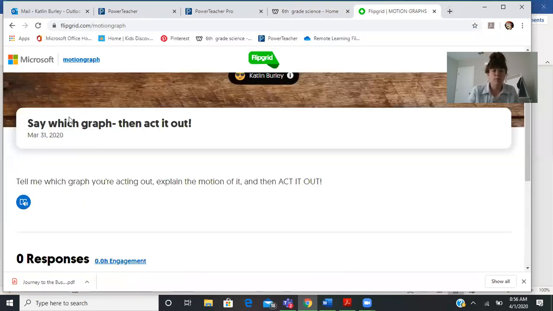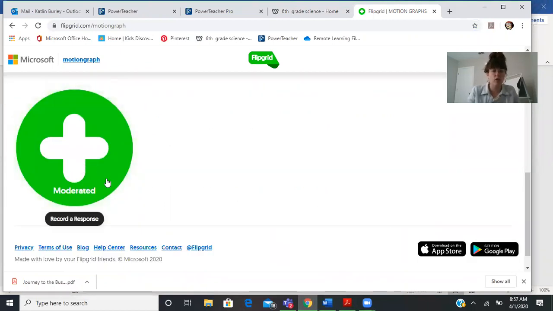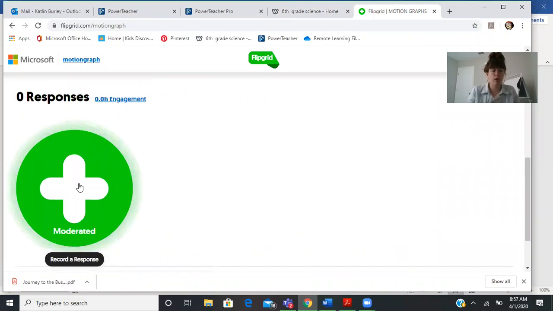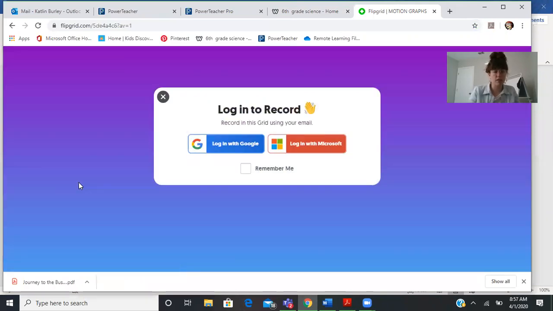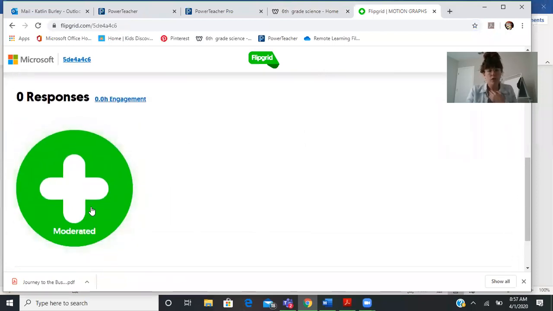You'll tell me which graph you're acting out, whether A, B, C, or D, and then you will post by putting a plus, and you'll have to log in with the email, or if you use your phone, I think you should be fine. But if you struggle with Flipgrid, you can also message me on Teams and submit it that way. I will give extra credit for anyone who gets outside and acts it out. That's just a little way to keep you moving.